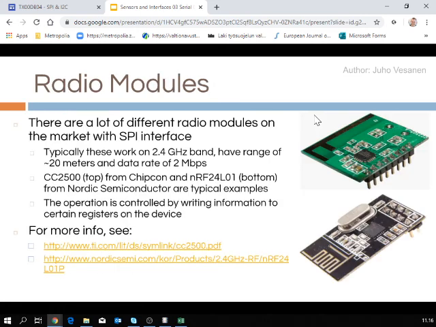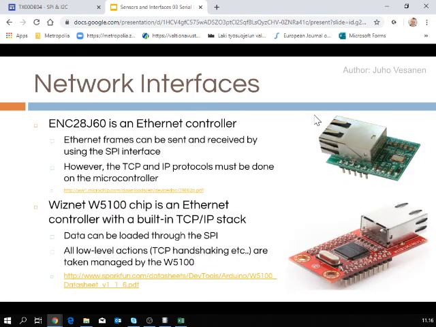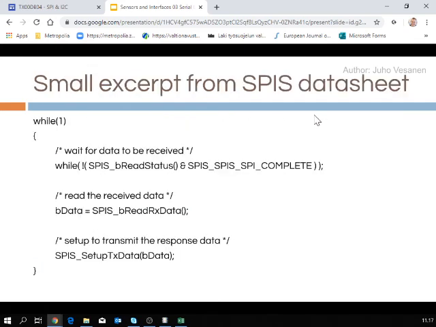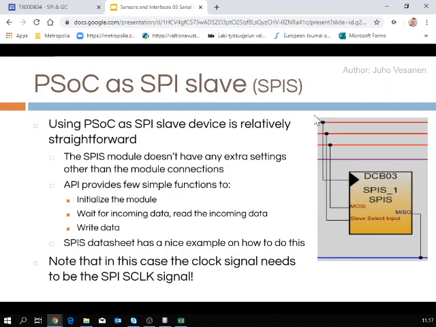Some radio modules, so basically networking devices where you need some speed for data transmission. And then some obsolete information about this one, since this is for SPI, the PSoC1.